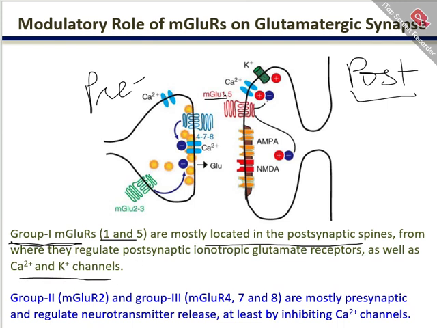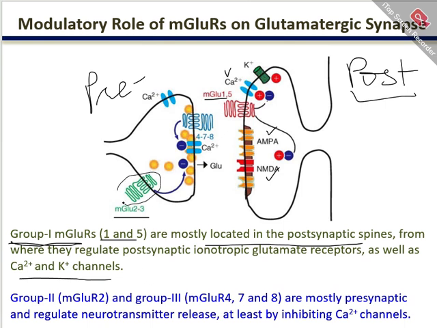Once glutamate binds over here, it acts on the calcium channels as well as on the AMPA and NMDA receptors. So binding of glutamate on these receptors results in an excitatory response. On the other hand, group 2 and group 3 mGluRs are located on the presynaptic terminus.